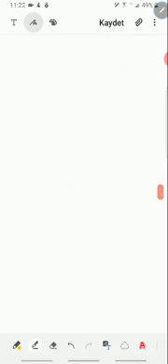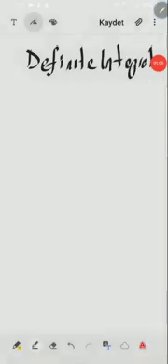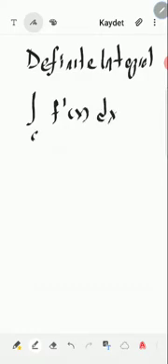Let's have a look. For example, we have a function f of x dx. Now I'm going to specify the lower limit and the upper limit, a and b.